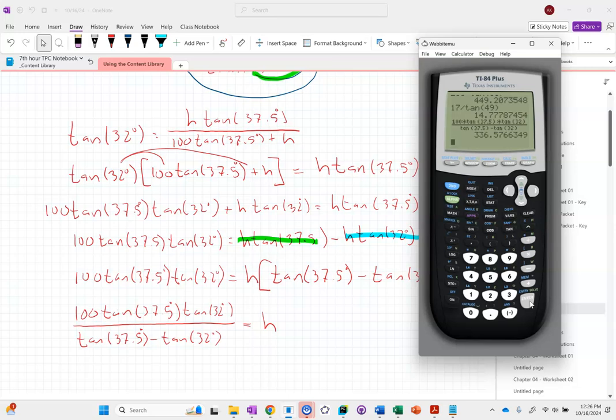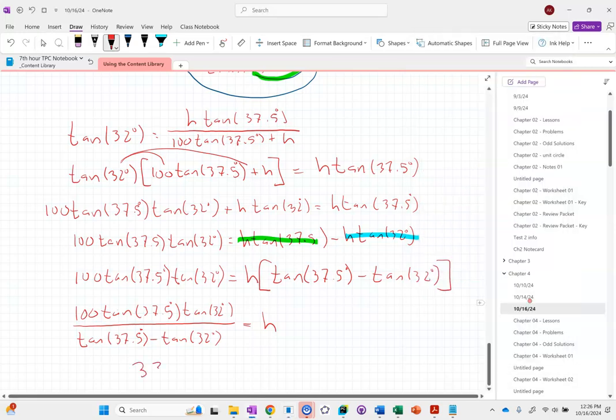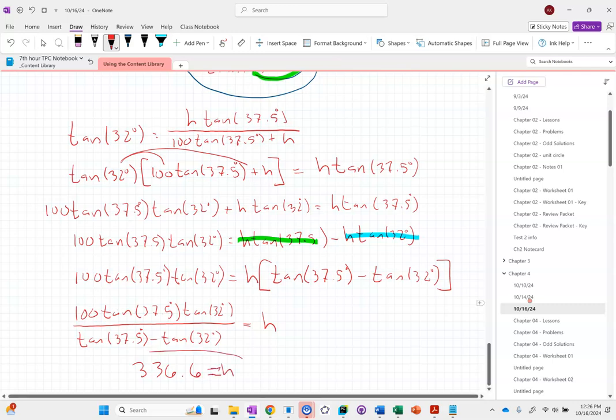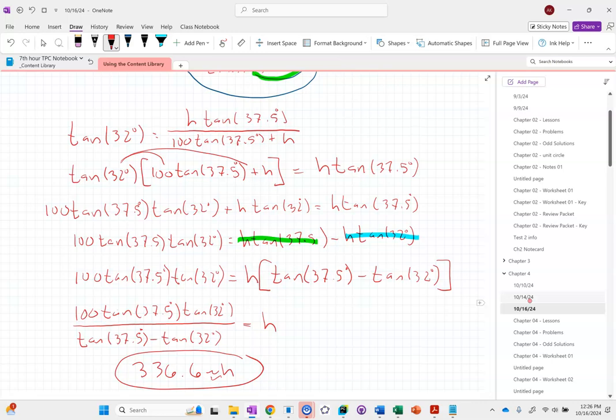So I get 336.6. Now the algebra to do this was pretty rough, right? It's a lot of steps.